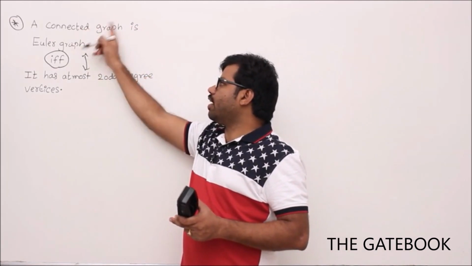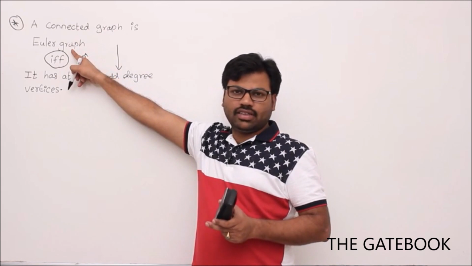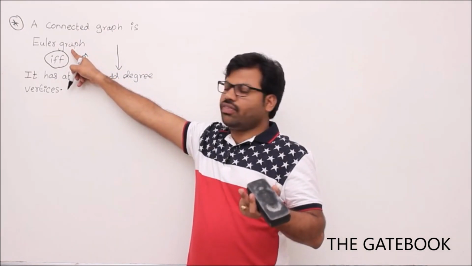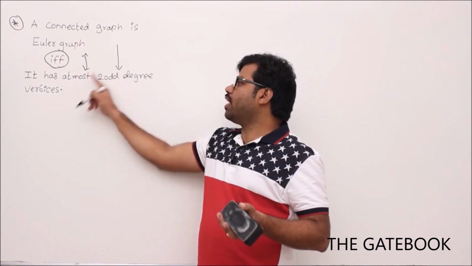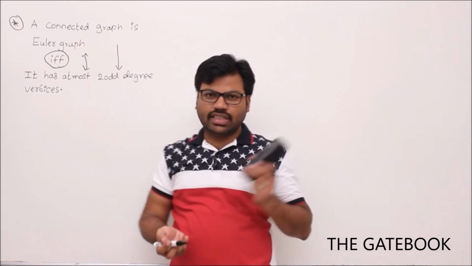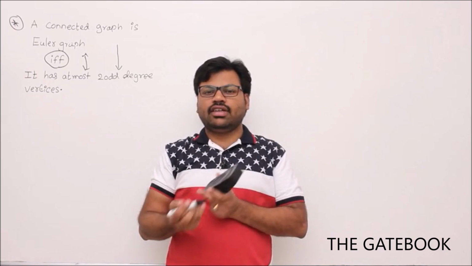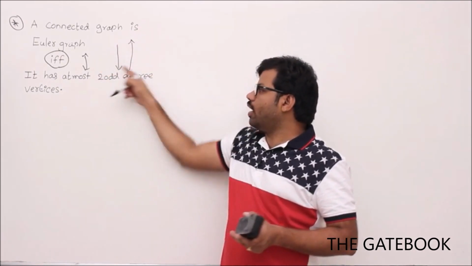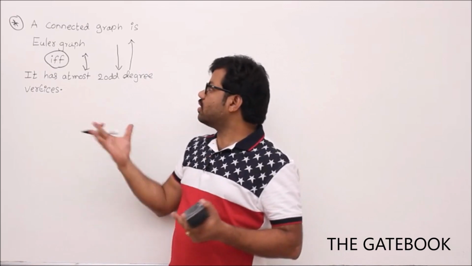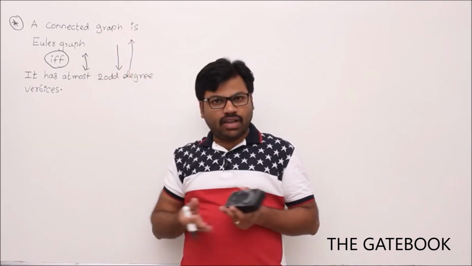We have taken a graph with an Euler path. So that graph is an Euler graph. In that Euler graph, we have shown that there can be at most 2 odd degree vertices using the example. That is what we did. Now the reverse direction: whenever a graph has at most 2 odd degree vertices, why should such a graph have an Euler path?